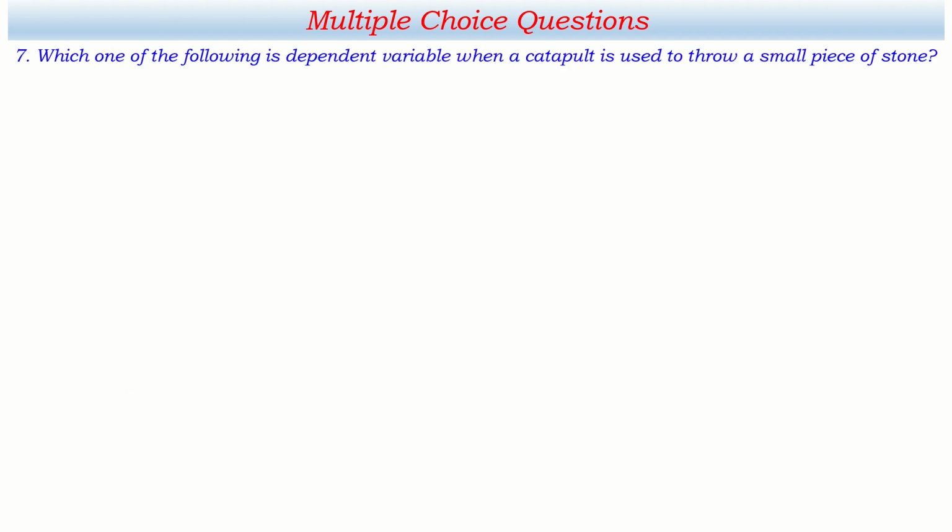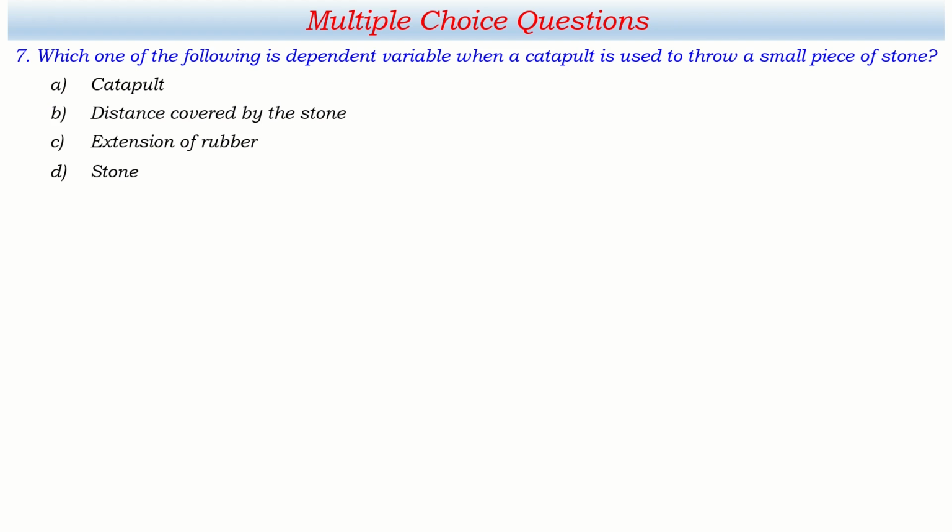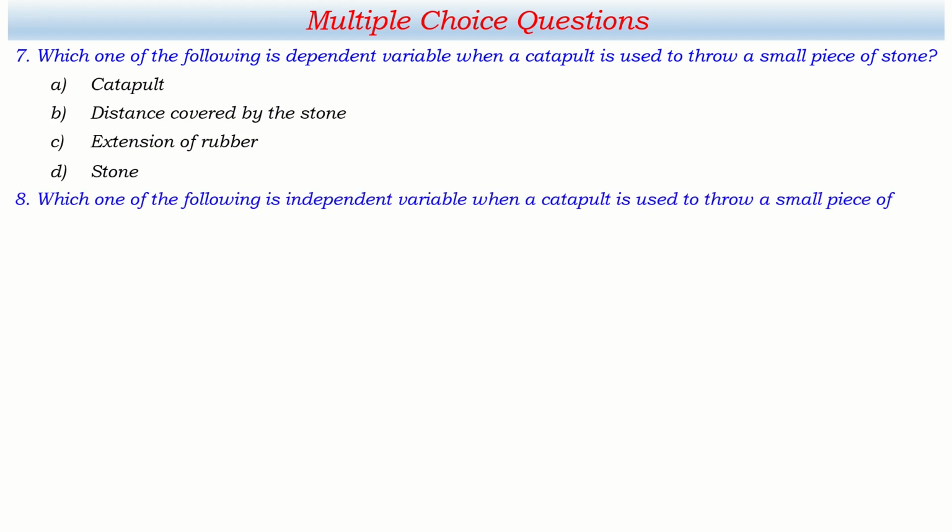Okay, let's have another set. Which one of the following is the dependent variable when a catapult is used to throw a small piece of stone? Catapult, distance covered by the stone, extension of rubber, or stone. Question number 8. Which one of the following is the independent variable when a catapult is used to throw a small piece of stone?